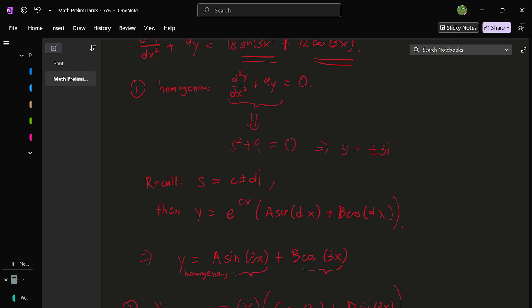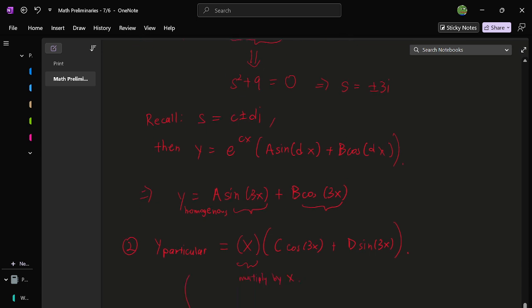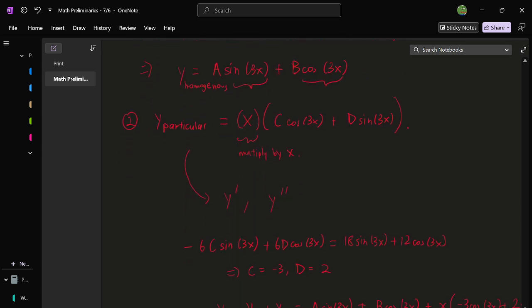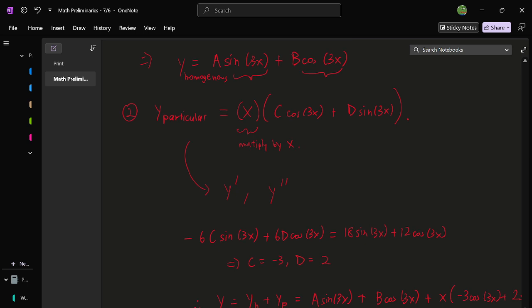If there is resonance, then you need to account for multiplying by x or x squared or above to make sure that you get an equation that makes sense. And once you do that, you just have to substitute in your particular solution, differentiate it, and find your unknown constants, and conclude by adding your homogeneous and particular solutions together. That is how you solve your ODEs.